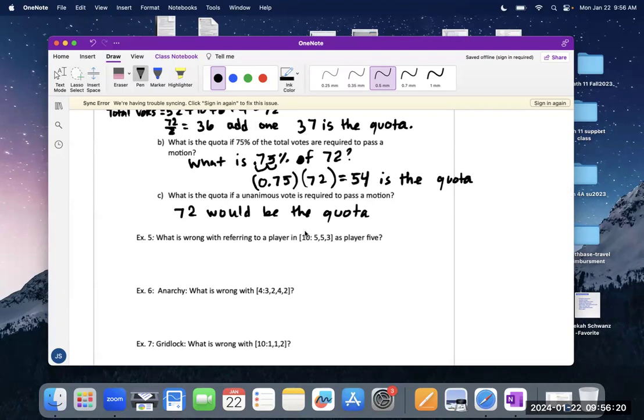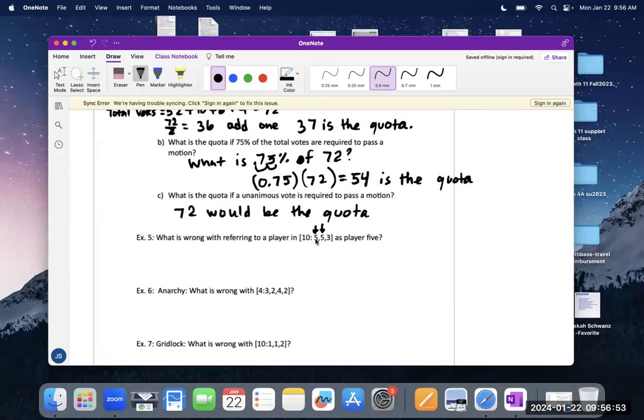If I was calling the first player that has 5 votes player 5, which is a mistake that some students make, the problem is that there's another player, player 2, that also has 5 votes. So we would get confused about who is player 5. That's why we have the notation the way we do.